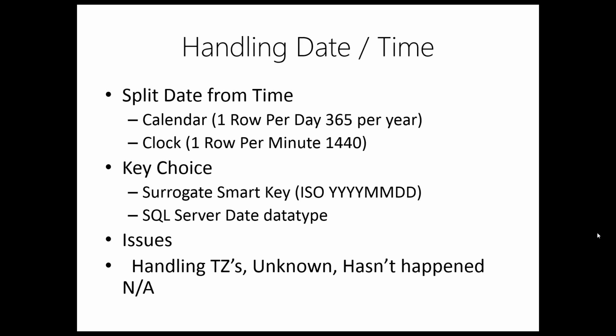No, I think you're right on the money. I absolutely like to use the smart key for dates. It's a really quick calculation to calculate that smart key for any date. It works great, and it doesn't use a lot of disk space to store those. The one thing I will say about the date data type is that my standpoint is a lot from Analysis Services, because I'm building these to support that. For some of the time intelligence in Analysis Services, you do need to have your date key as a date data type.